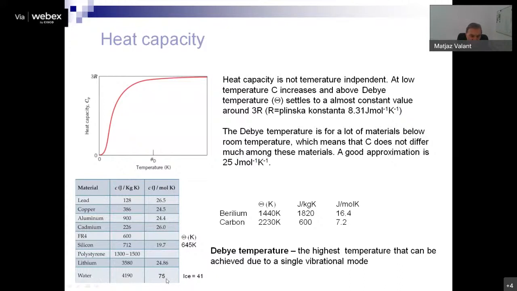You see, liquid water has a heat capacity of 75 joule per mole per Kelvin, and this is again because of the hydrogen bonds that we discussed yesterday. They allow many modes of vibration of these water clusters, which can actually absorb the heat. Now, ice is already more restrained in its movement, and therefore the heat capacity of ice is much lower than that of water.